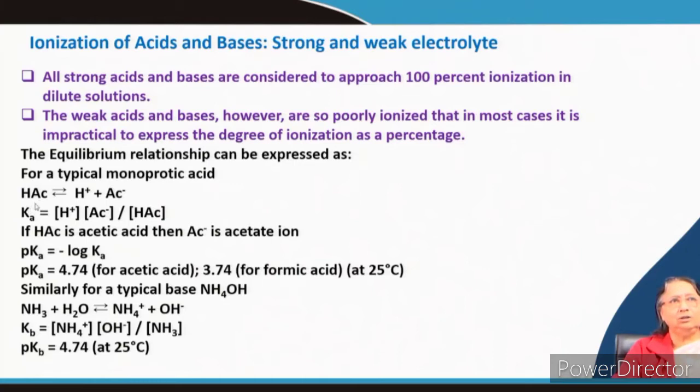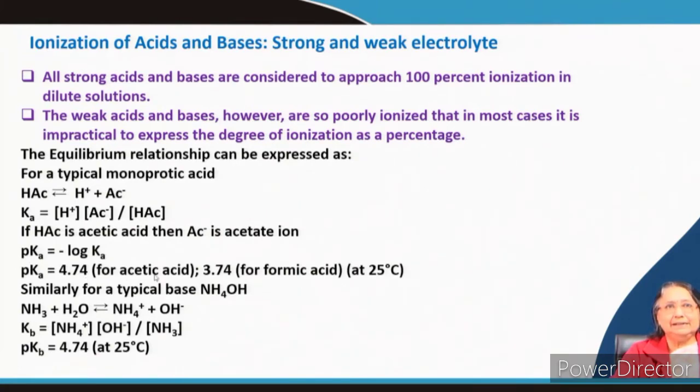Now, here also, just like the H plus ion concentration and the pH, the Ka value and pKa value are related in a similar way. What is pKa? pKa is nothing but minus log of Ka. So, if Ka is in terms of 10 to the minus 5, then pKa will come as 4 point something.